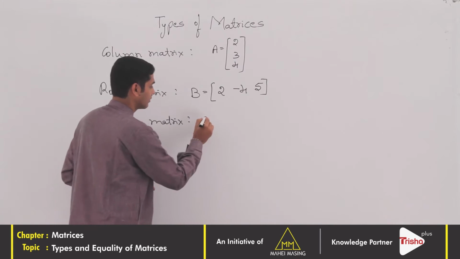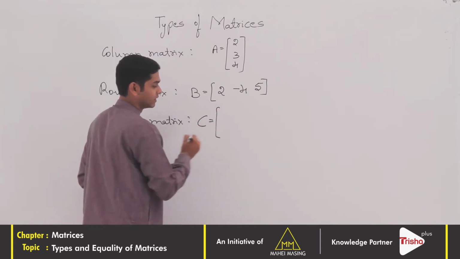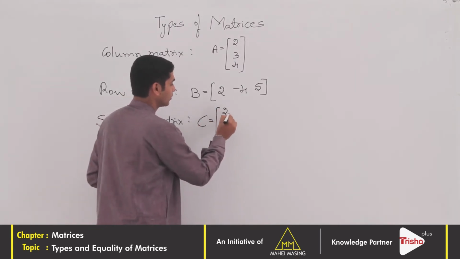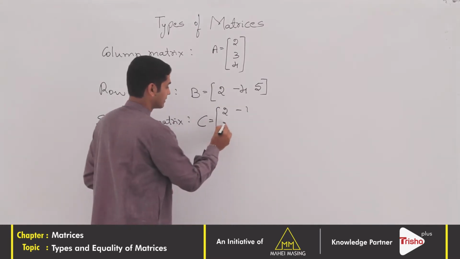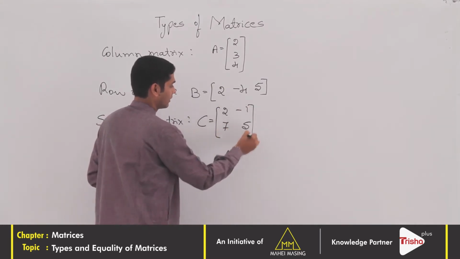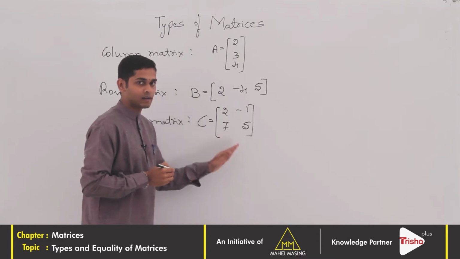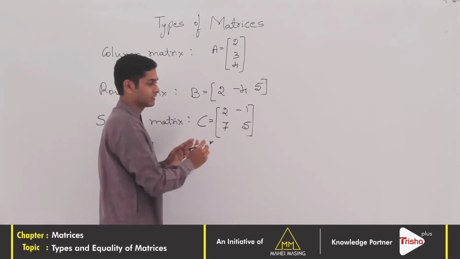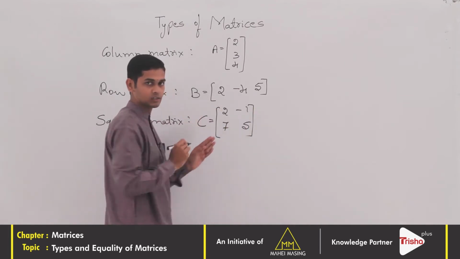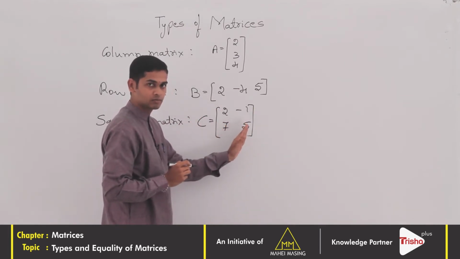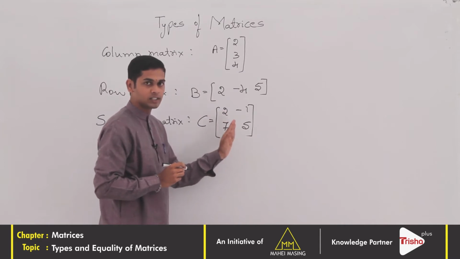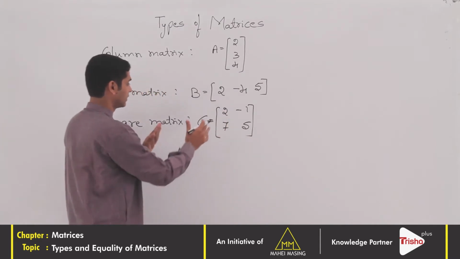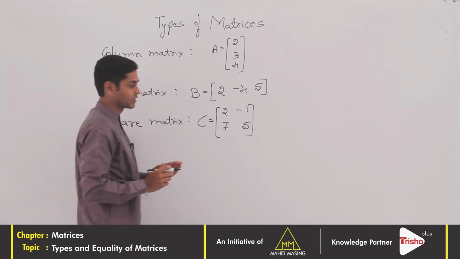So, let me consider one example. C equal to 2 minus 1, 7, 5. Now, this is a square matrix of order 2 cross 2 because number of rows is 2, number of columns is 2. So, number of rows is equal to number of columns. Therefore, this matrix is called a square matrix.